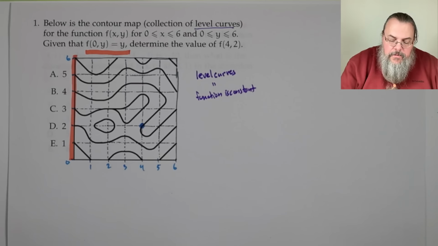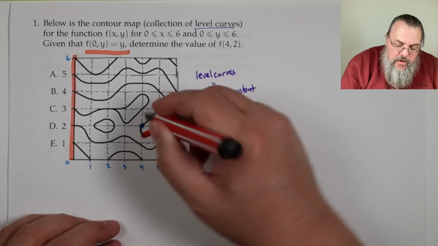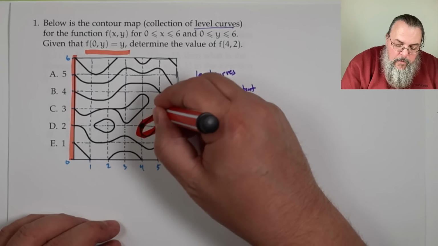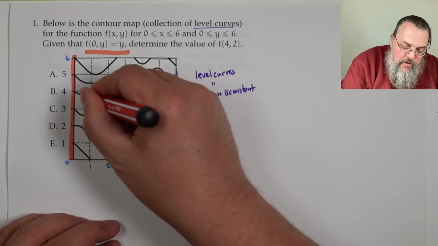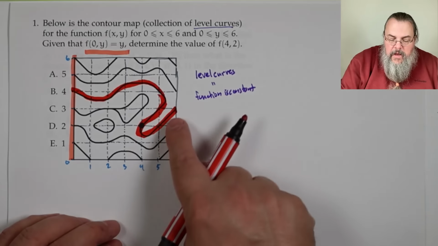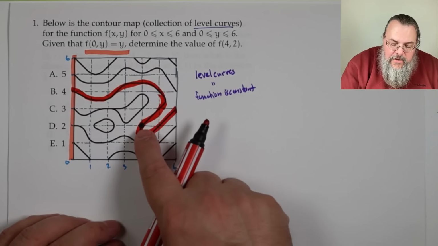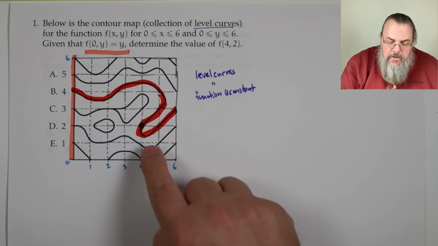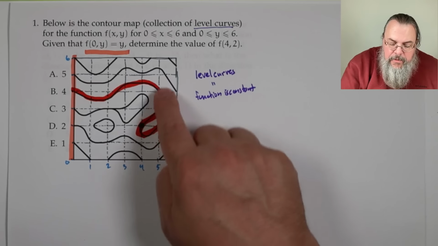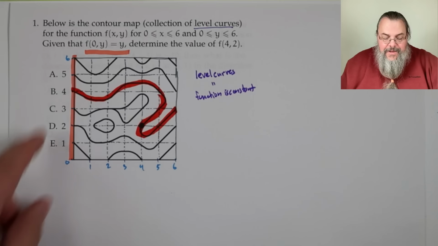So what we can do is we can highlight that. So we're going to just go around here. And we're marking all our points. So as we follow this curve, we can say, look, the value that we're after has to be equal to the value at any point along this level curve. So, is there a convenient point for us?